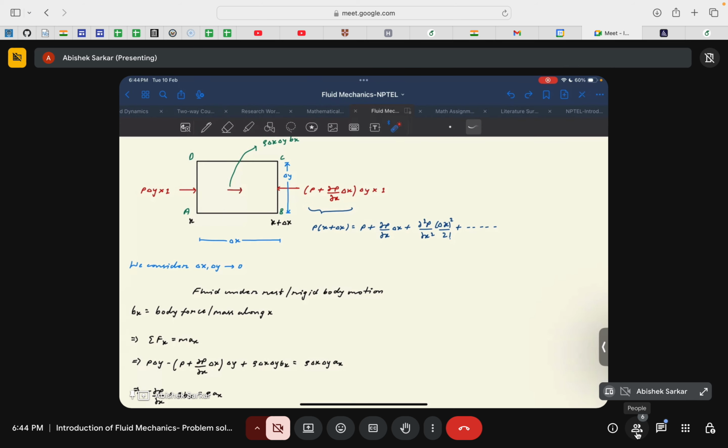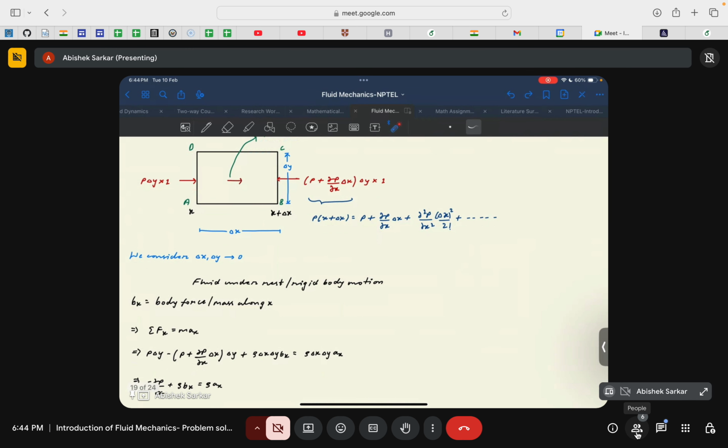If you take a Taylor series expansion of pressure at a coordinate x plus delta x, you can write pressure as P plus dou P by dou x times delta x, plus the second derivative, dou squared P by dou x squared times delta x squared by 2 factorial, and this will continue. You can check the expression for the Taylor series expansion of a particular function, say f of x plus h, and see that it follows a similar trend. Then you will be able to correlate.